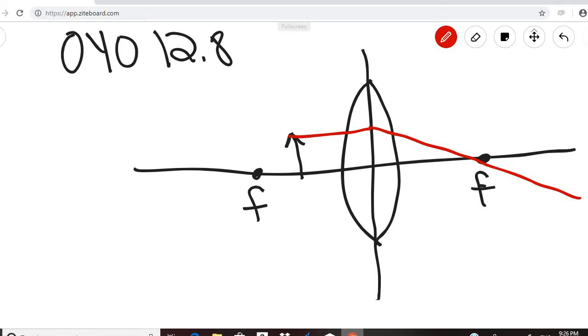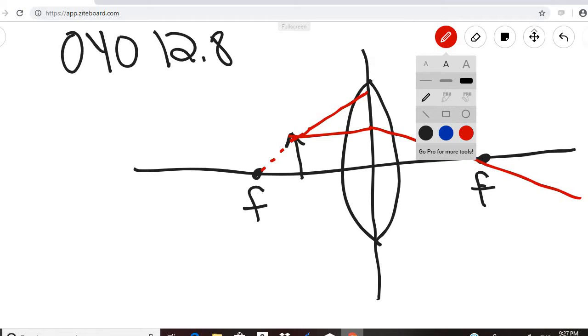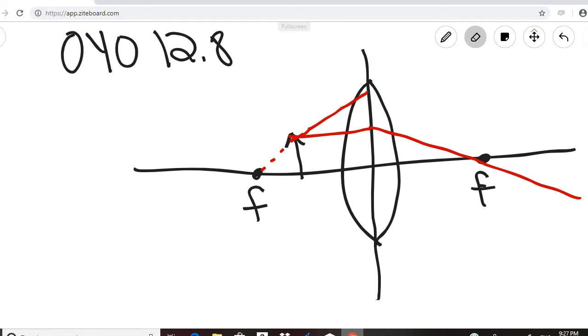And then the second one, since the object is in front of the focal point, it can't go through the focal point, but we can extrapolate this out, and so it looks like it's coming from the focal point, and it will do that until it hits. I should have made that one blue, sorry. But we can keep these separate.